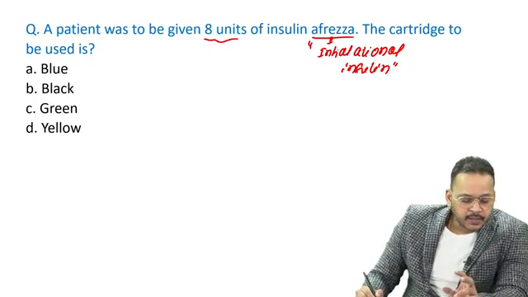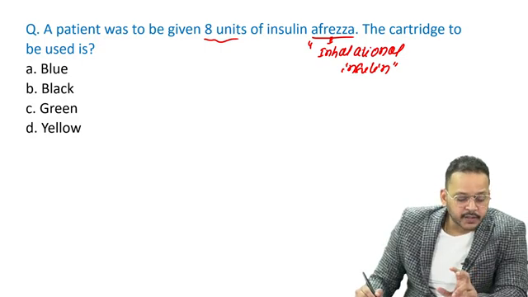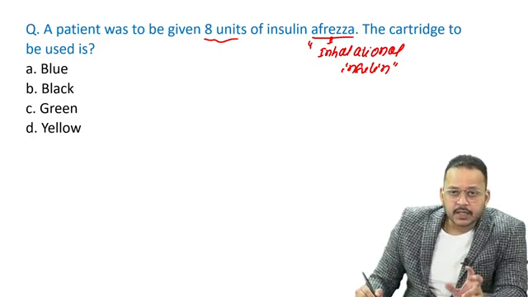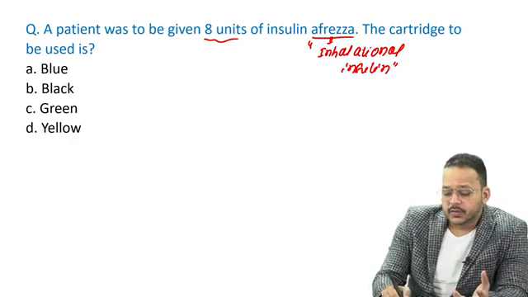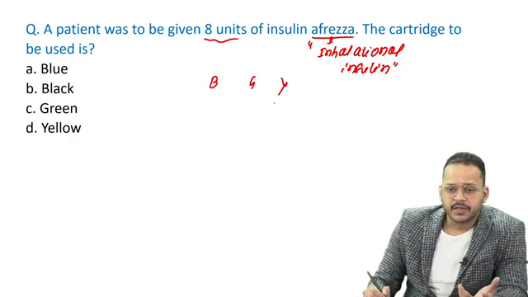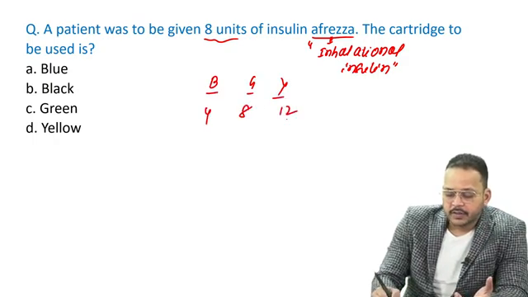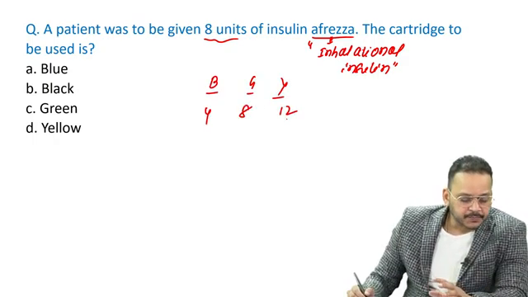They can ask you which color cartridge has how many units. I've told you to remember this as BG. There are only three colors: BGY, and the units are 4, 8, 12.